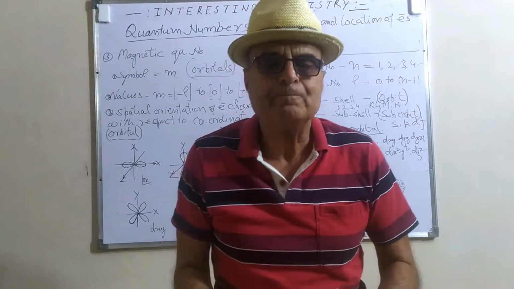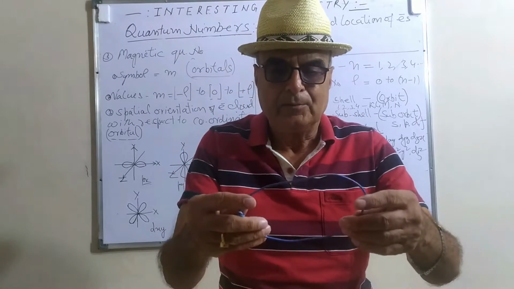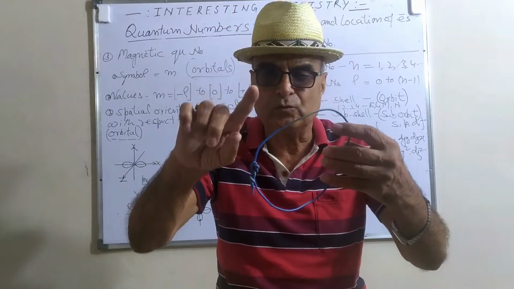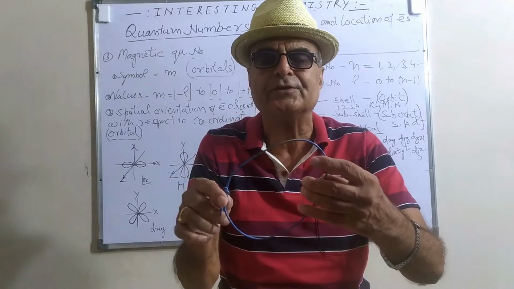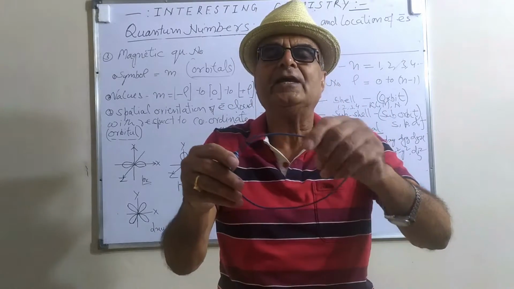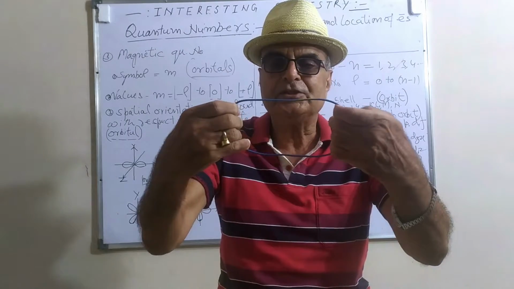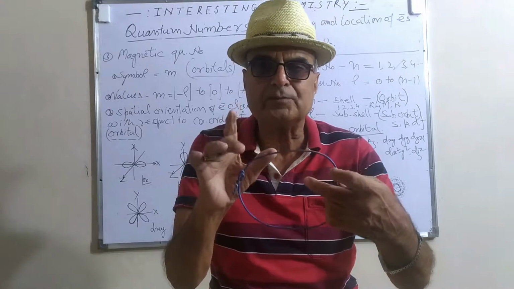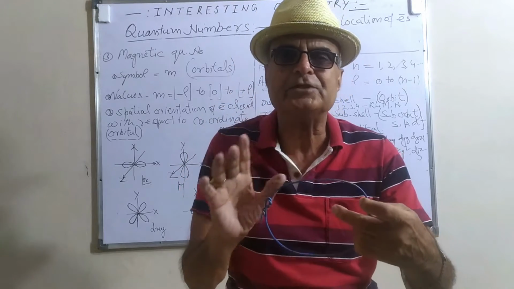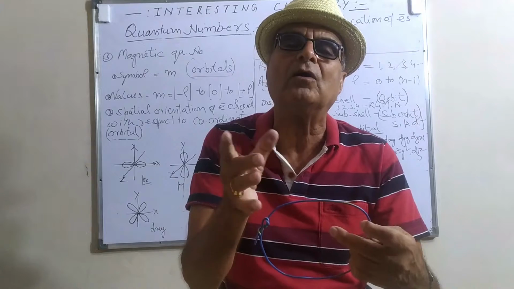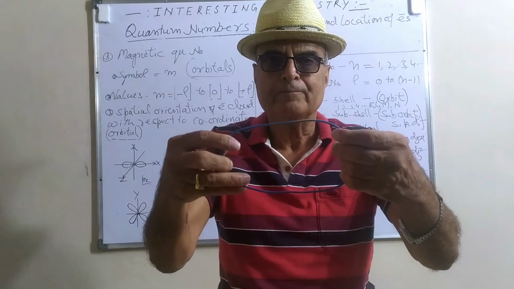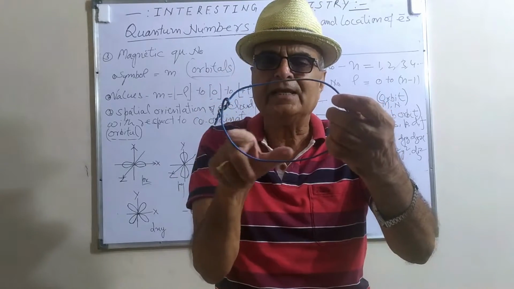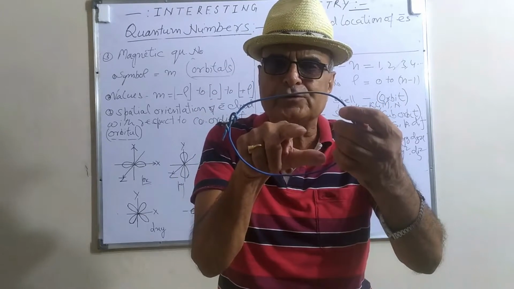When the electron revolves around the nucleus in the p subshell, its path is elliptical, or oval shaped. It is not round. In the center there is the nucleus with positive charge.